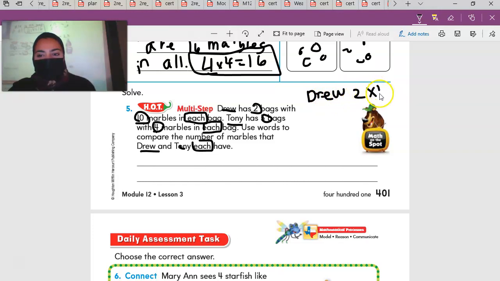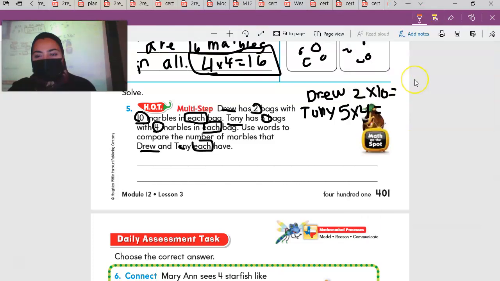So Drew has 2 times 10. Tony has how many bags? I wrote over it. I can't see it. Okay, Tony has 5 bags with 4 marbles in each bag. So that's 5 times 4. Drew is 2 times 10.